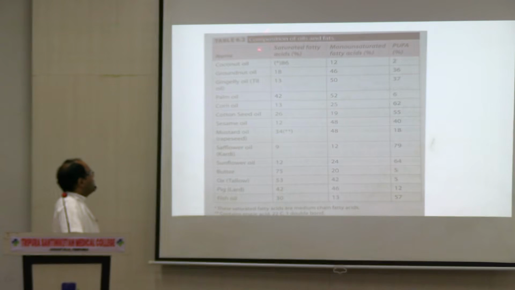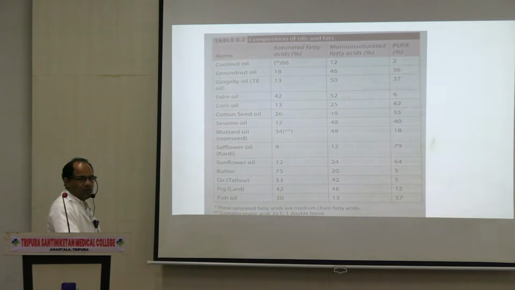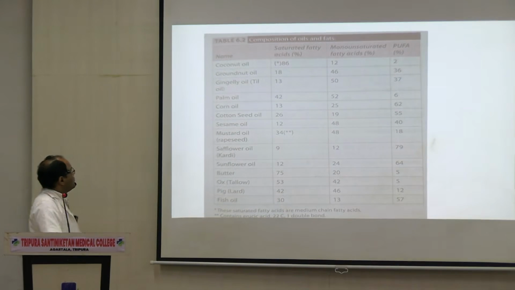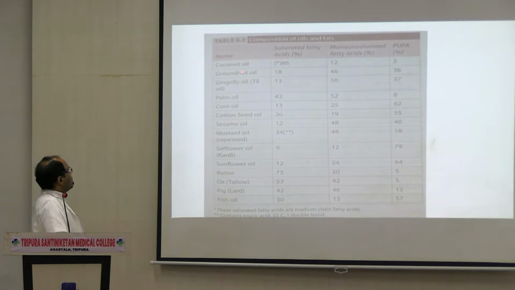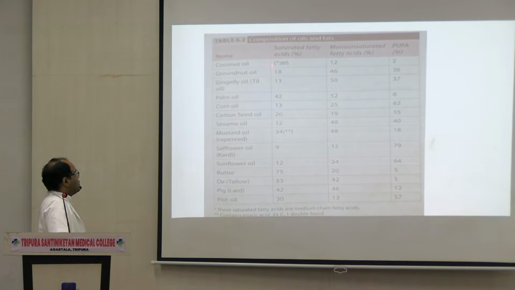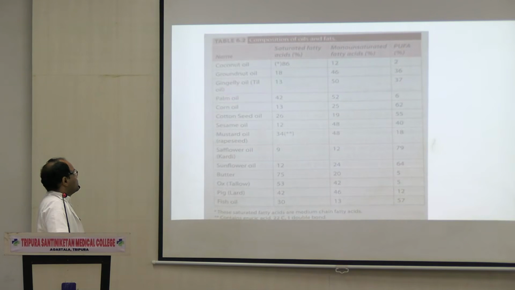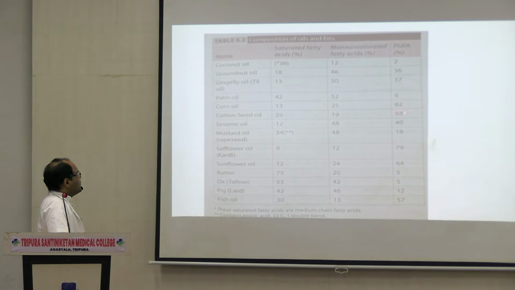So this is a long table. You can go through it first. Coconut oil has a high number of saturated fatty acids, monounsaturated 12%, PUFA very little, 2%. Cottonseed oil, 50% PUFA.